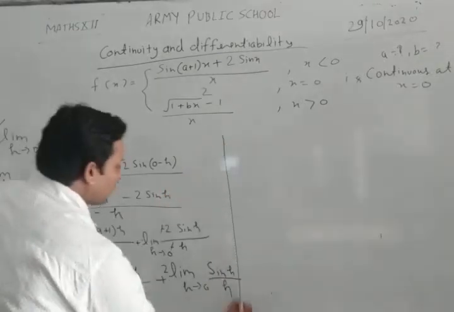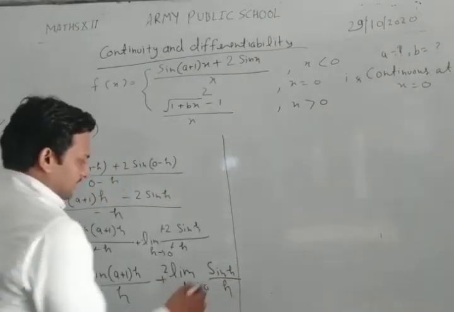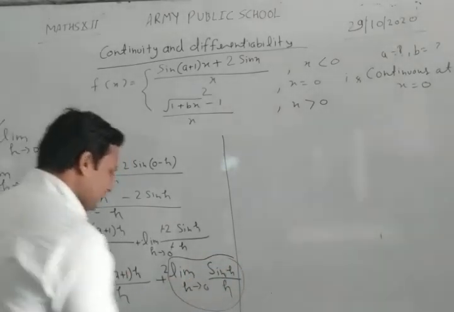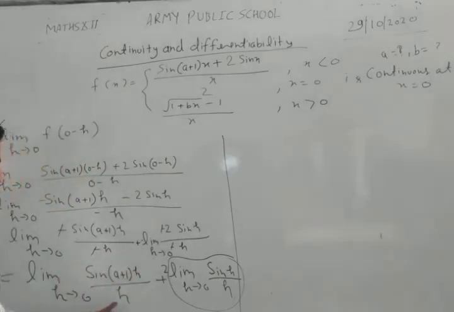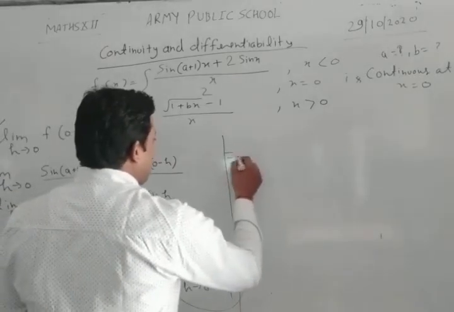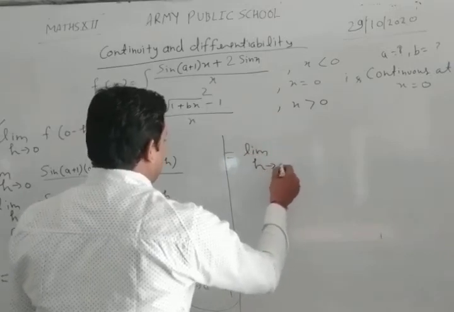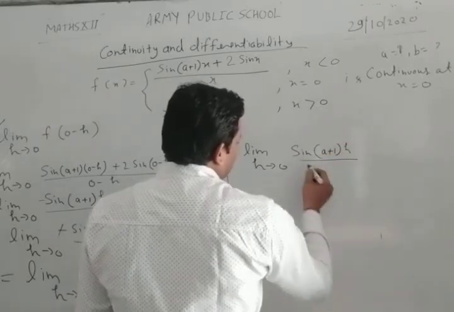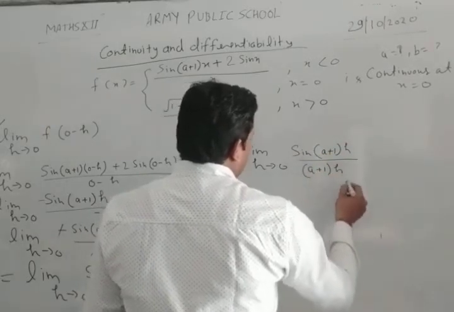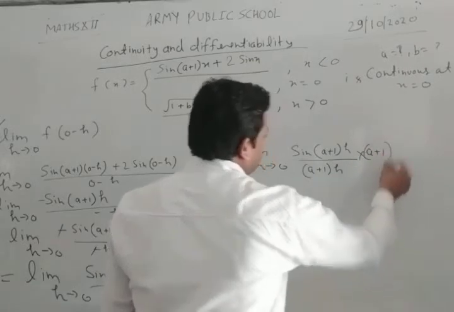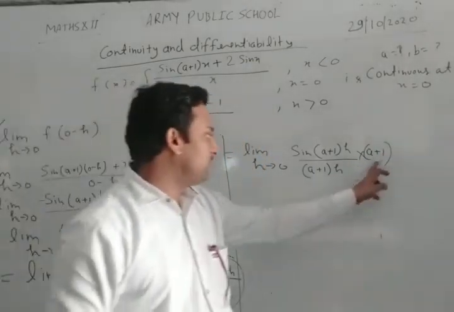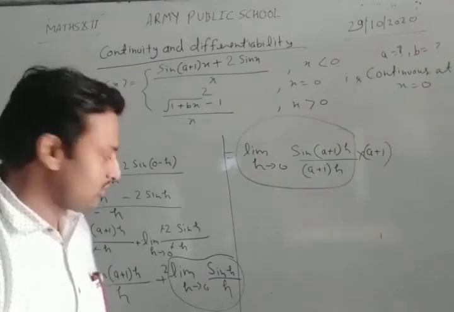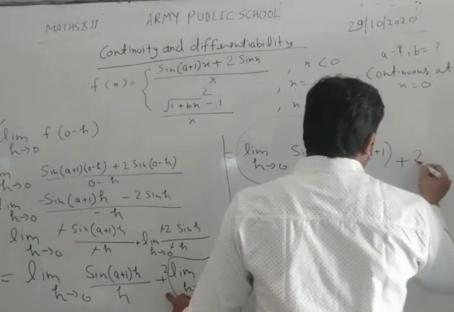Now we know that this is the standard result, so the value of this will be 1. For this one, we multiply and divide by (a+1) to make it a standard result: limit h tends to 0 sin(a+1)h divided by (a+1)h, into (a+1).